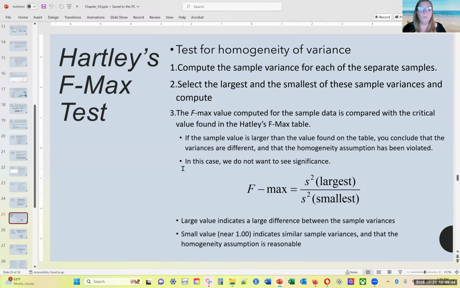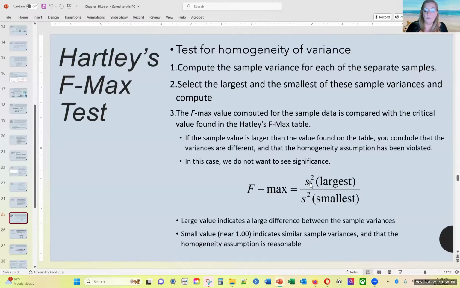So we also should test for this when we're doing our t-tests with two groups. We need to see if the variance is significantly different. So we compute the sample variance for each of the separate samples, which you've already done. Select the largest and the smallest of these sample variances and compute.